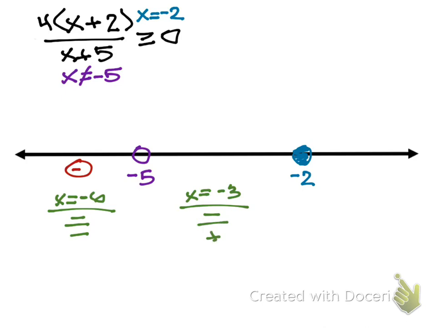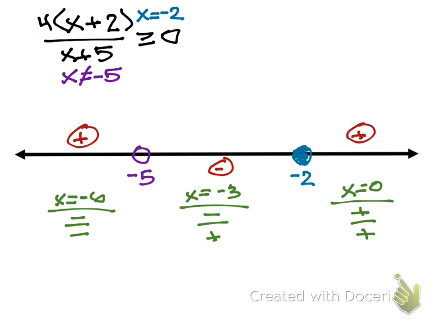So my function would be negative there. I'm sorry, negative over negative is positive. What is wrong with me? To the right of negative 2, we could look at x equals 0. At 0, we would have a positive over positive, which is positive.